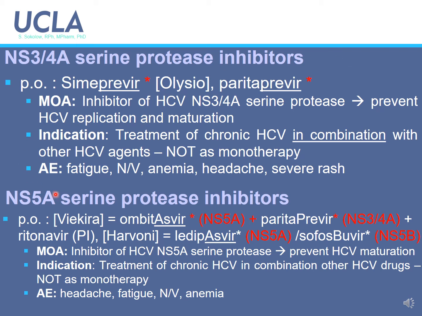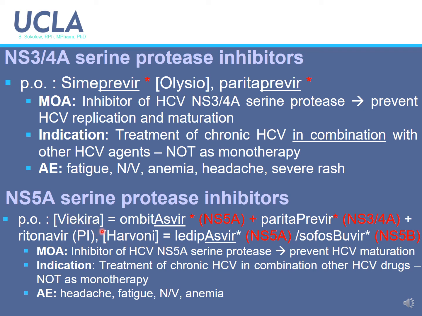Now, the other group of serine protease inhibitors are the NS5A. For the 5A, you have ombitasvir, and it is used in combination with paritaprevir, which is your NS3A inhibitor, and ritonavir as a booster, so it's a protease inhibitor, and this is called Viekira.